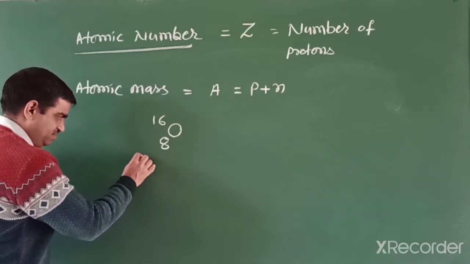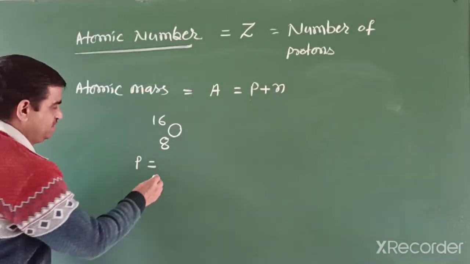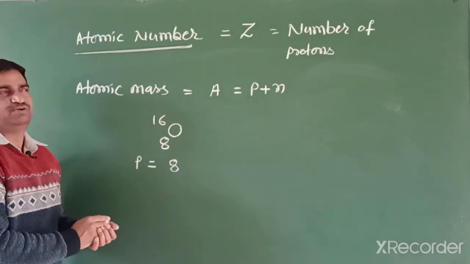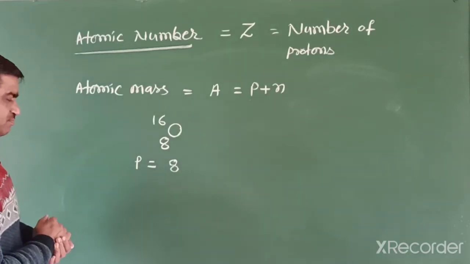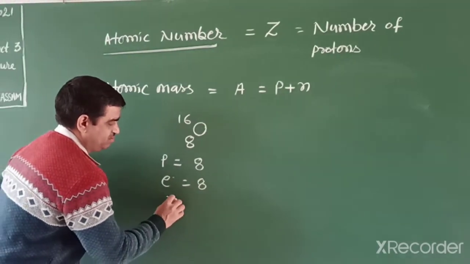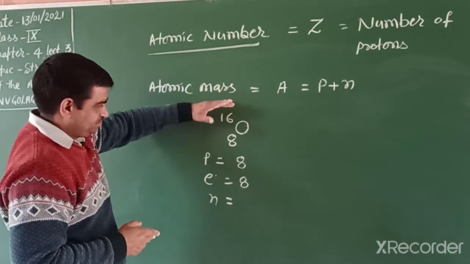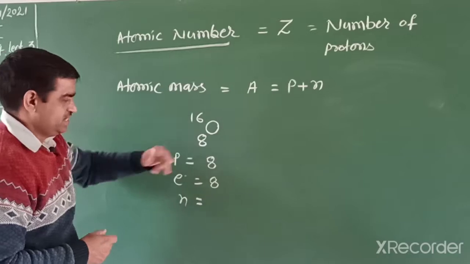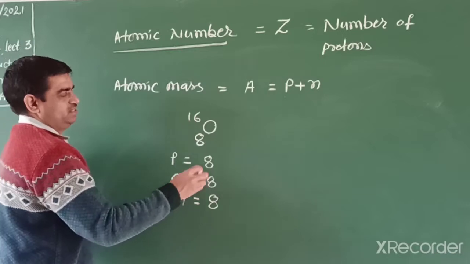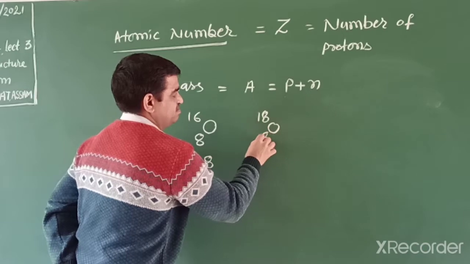First we find the number of protons: the atomic number is 8, so protons are 8. Electrons and protons are equal, so electrons are also 8. Neutrons: from the total 16, remove 8, and we get 8 neutrons.